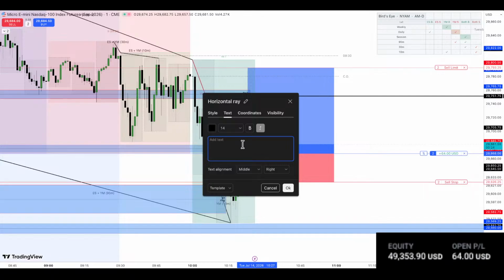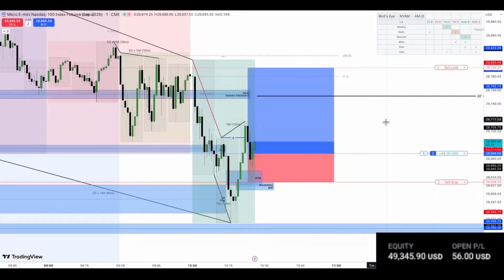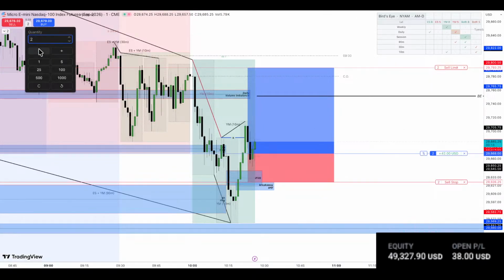It's going to be our break even area. If price reaches this high, I'm gonna have to close 1 micro.